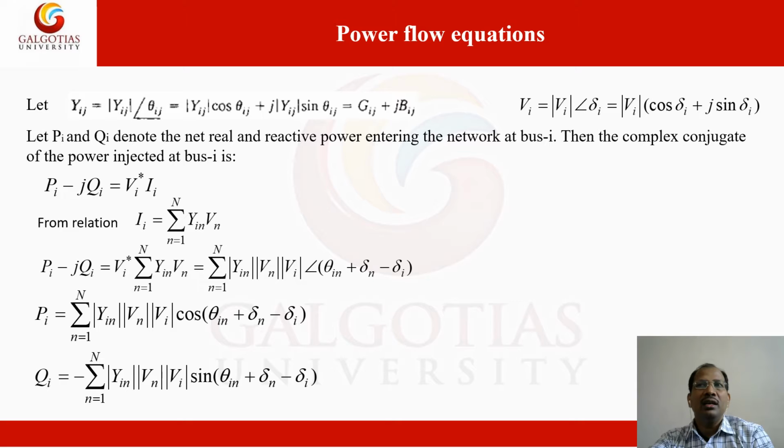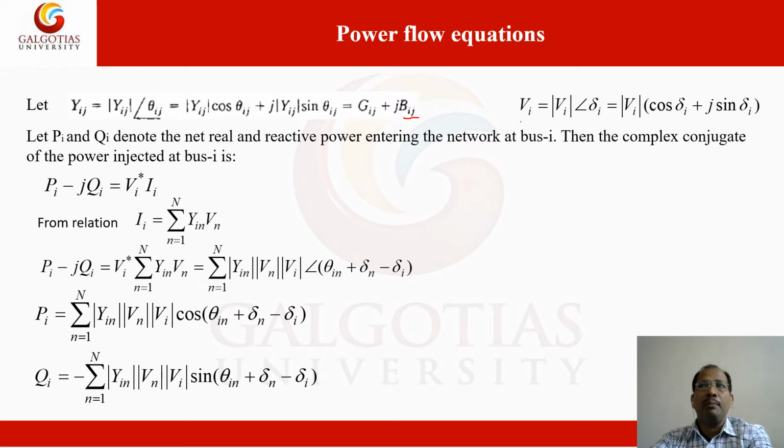Here you can see this is the rectangular representation of any admittance value connected from bus I to bus J. This one is the magnitude and this corresponds to the angle. This is the polar form. This polar form can be converted into rectangular form using this formula. So the magnitude |Yij| cos theta ij is the conductance Gij, and the susceptance is |Yij| sin theta ij.